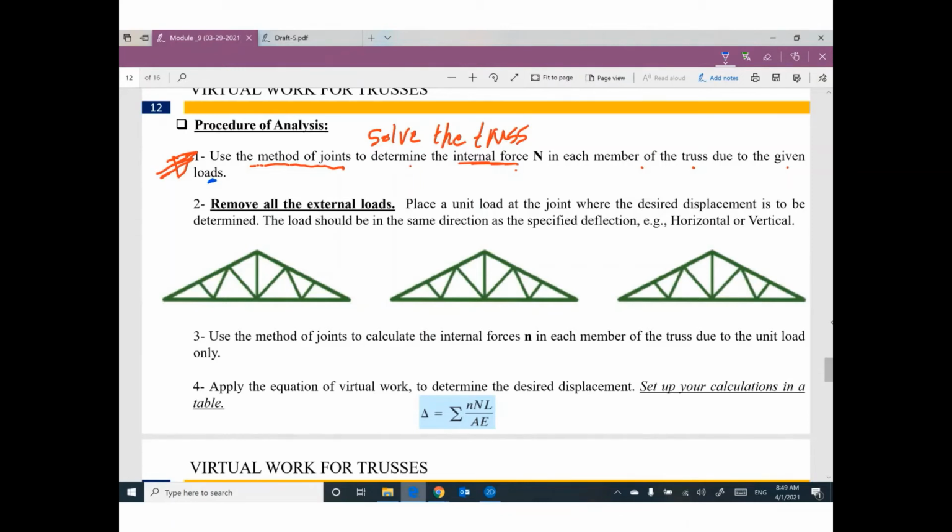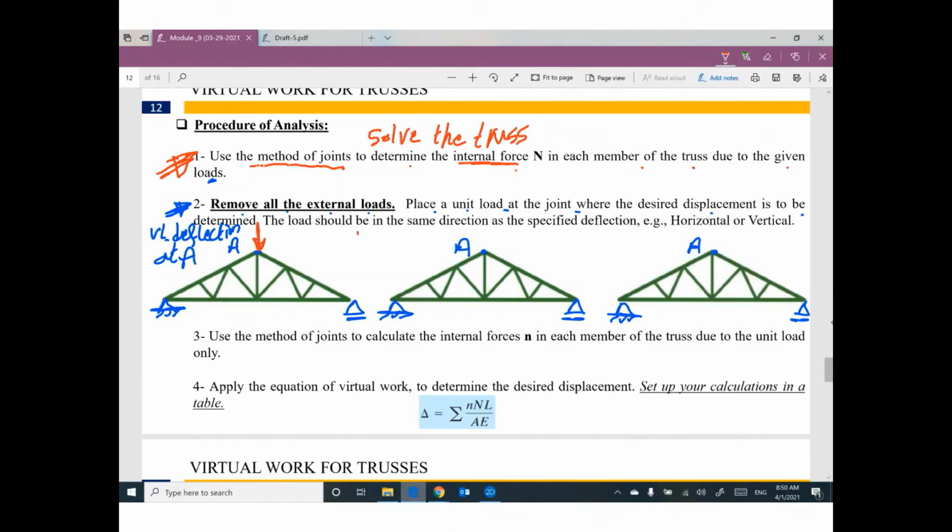The next step, I will remove all external load, and I will place unit load at the joint where the desired displacement is to be determined. And keep in your mind, if this is the case of the truss, and this joint called A, if you are looking for vertical deflection at A, I will go to A and put unit load.